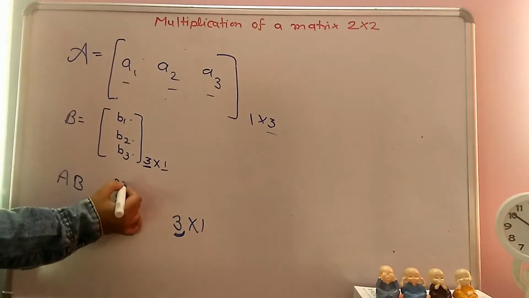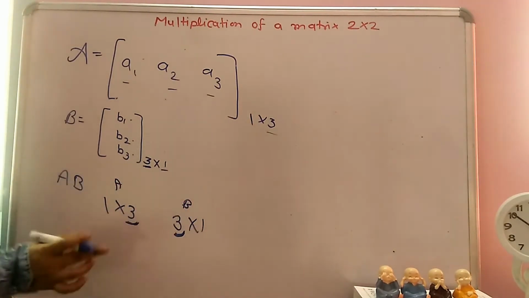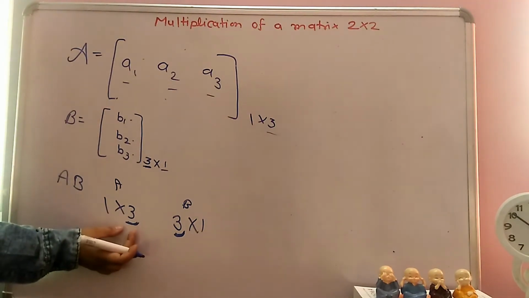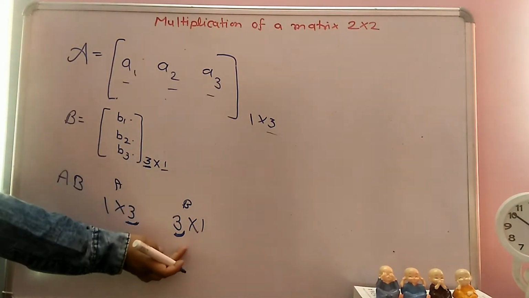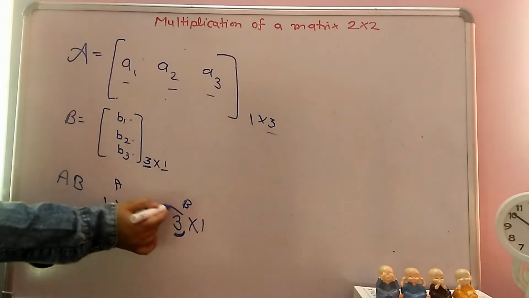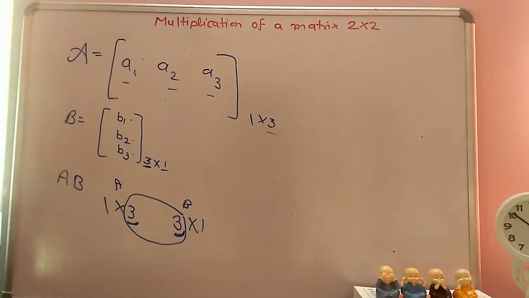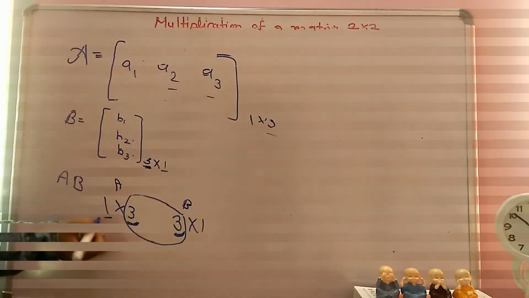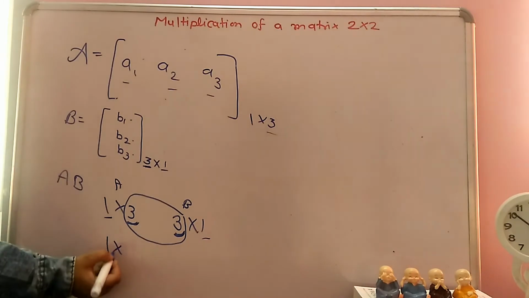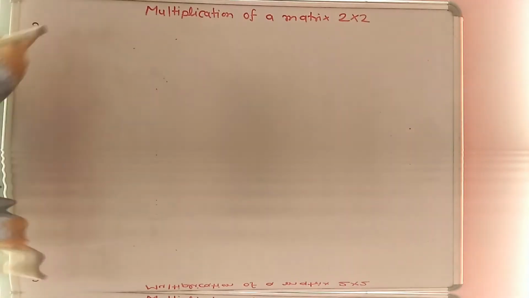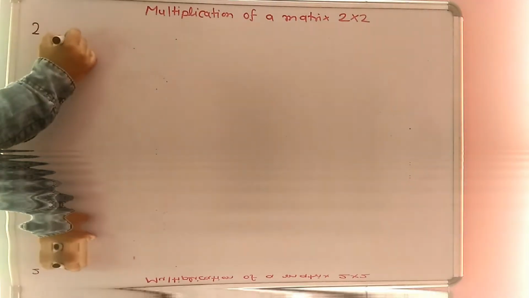This is matrix A and this is matrix B. When the column of matrix A equals the row of matrix B, then matrix multiplication is possible. And when we multiply A and B, we get a new matrix 1 cross 1. Okay. Now let's check the second example.